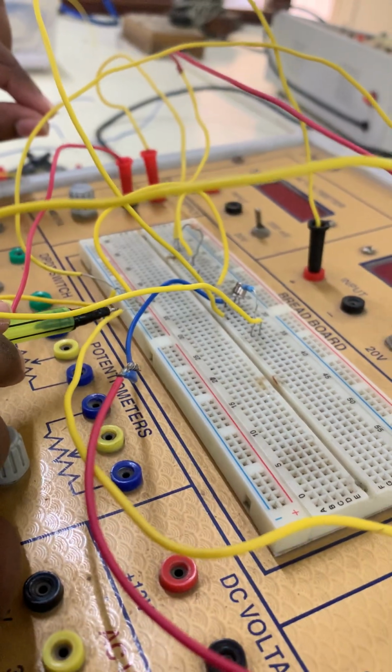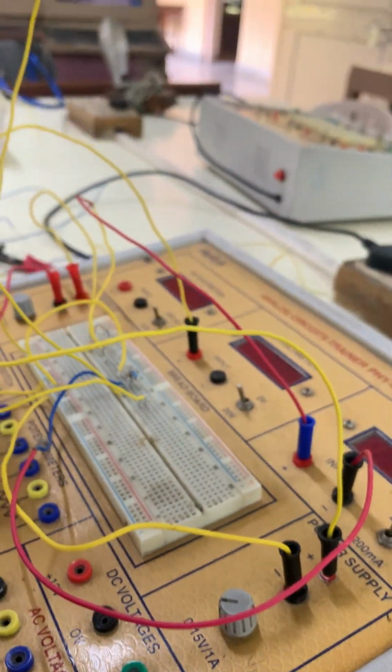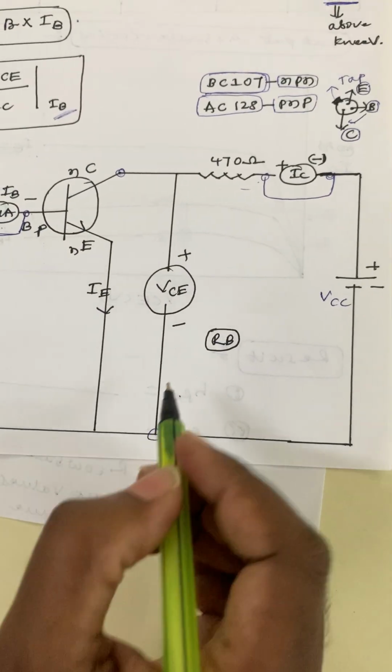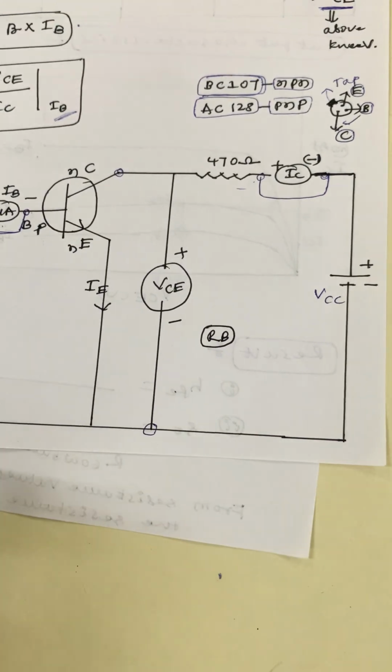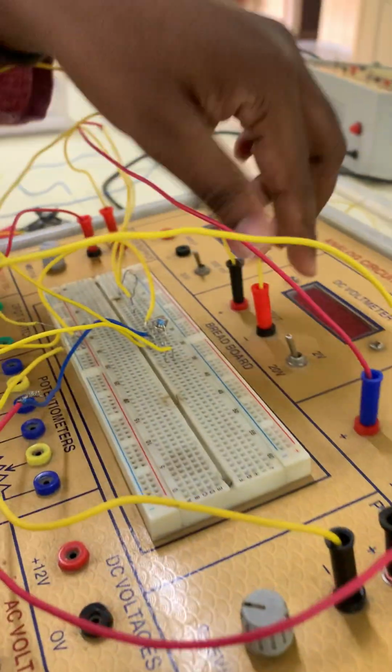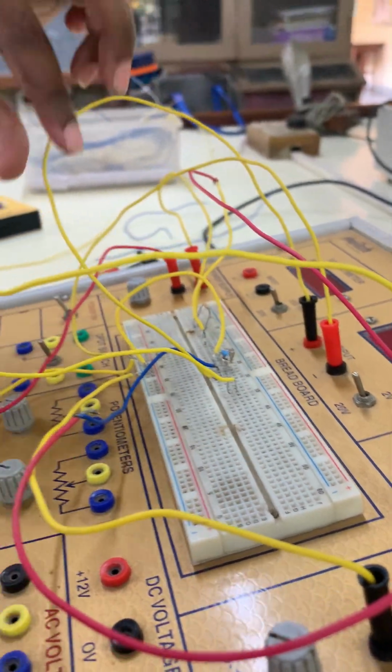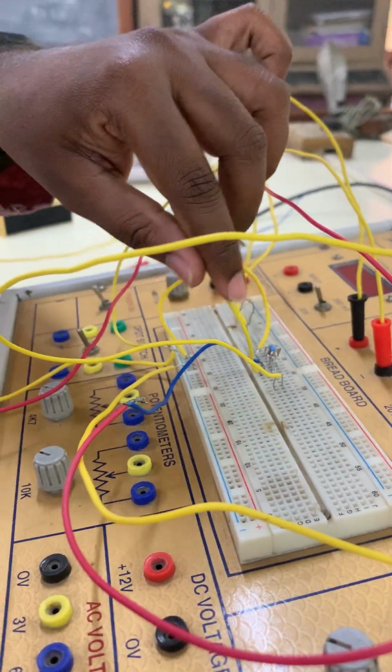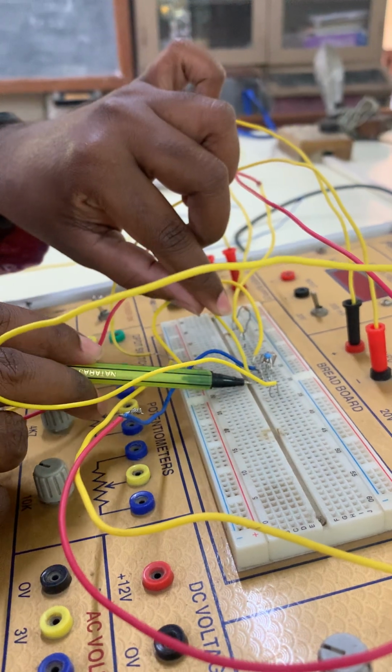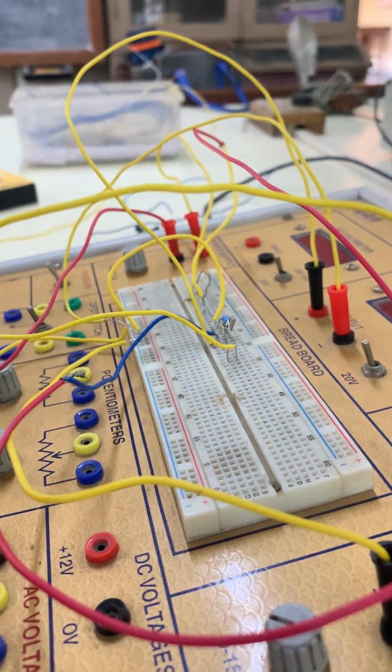Clear? Now the voltmeter, where do we keep it? This is the output voltage VCE. One end goes to the ground, and the voltmeter positive terminal you give to the collector. This is the circuit diagram.